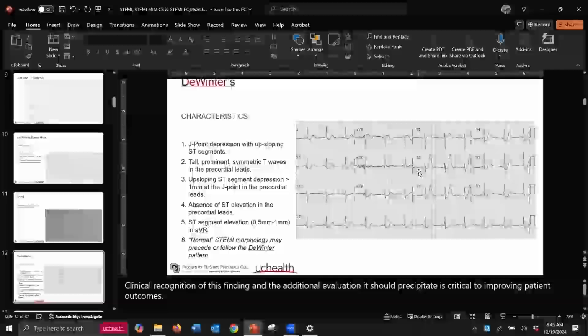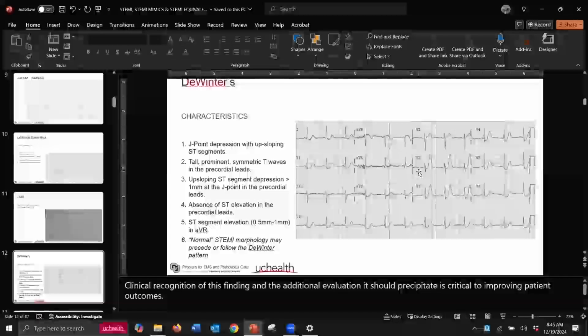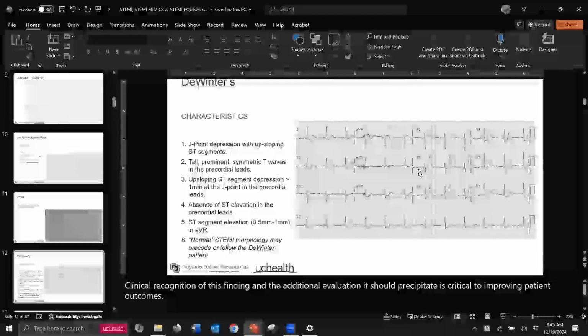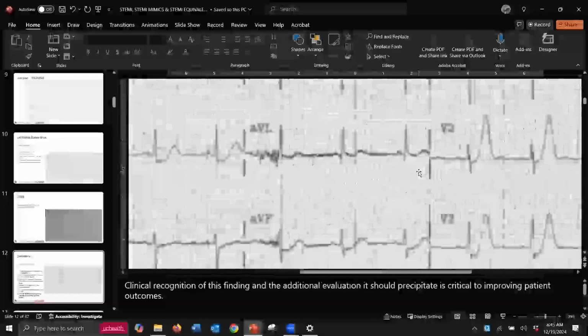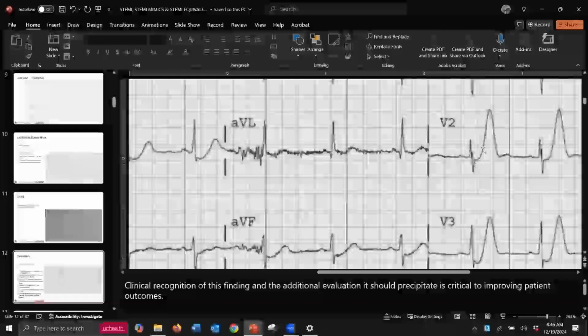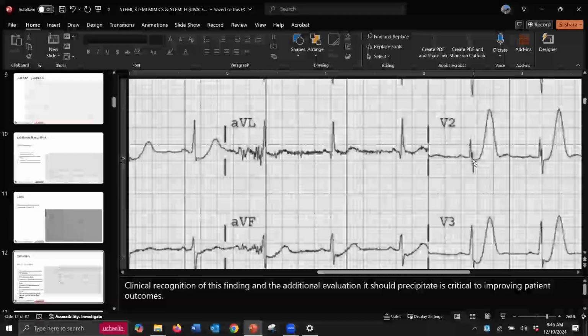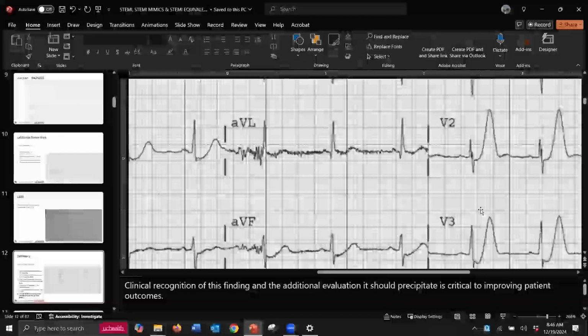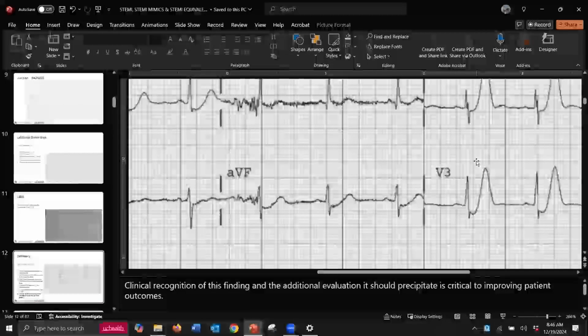Make sense? Okay. Typically there's an upsloping ST segment that is depressed. We saw that right here in V2. See the upslope, and actually your J point is depressed. If we look at V3, is that a strain pattern? No, it is not.